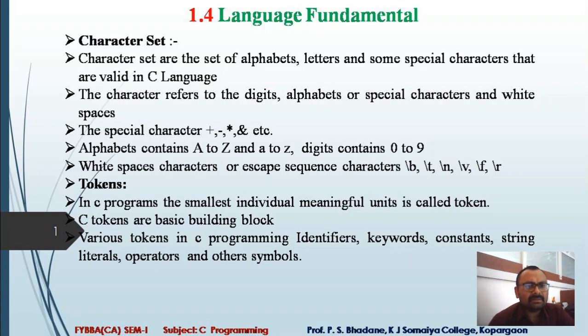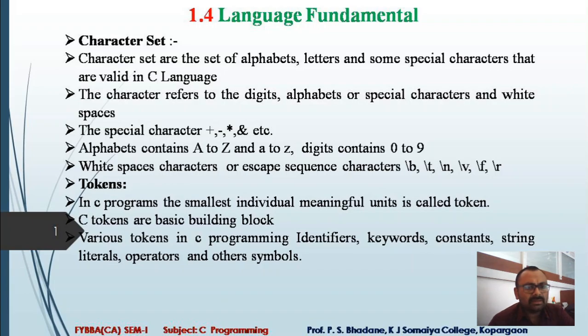The special characters are plus, minus, multiplication and etc. Some others are closing and opening rectangular brackets, backslash, vertical slash, equals to, opening bracket, closing bracket, less than, greater than, hash, percentile, question mark, semicolon, colon, comma, underscore, dash, dollar, caret. These are some special characters.